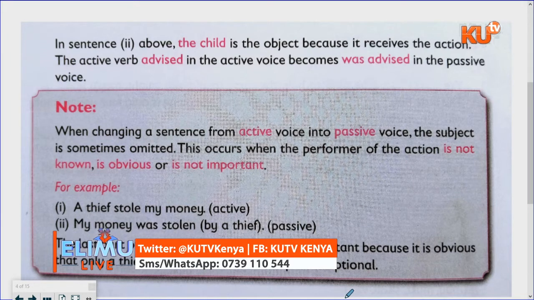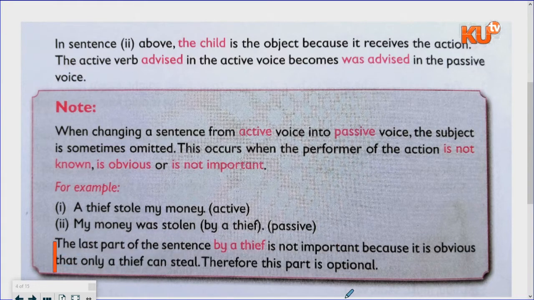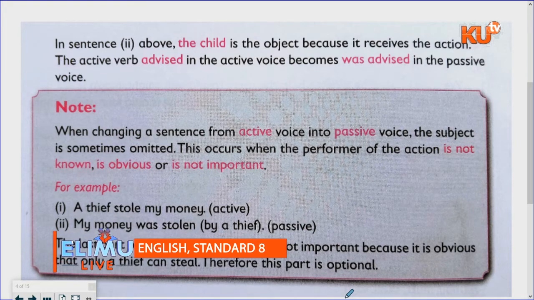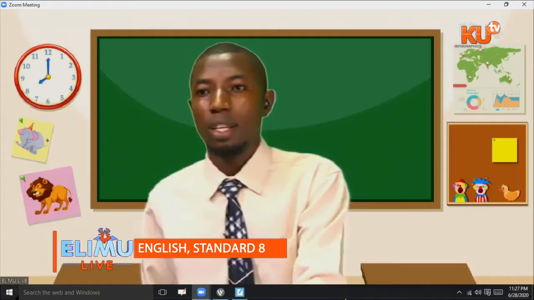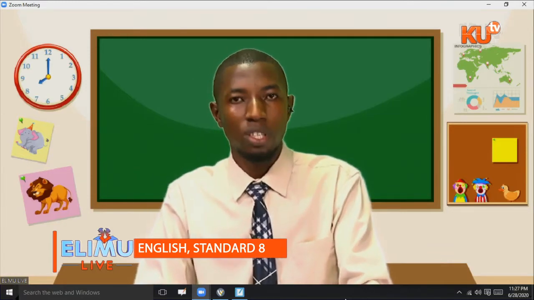So note that when changing a sentence from active voice into passive voice, the subject is sometimes omitted. This occurs when the performer of the action is not known, is obvious, or is not important.